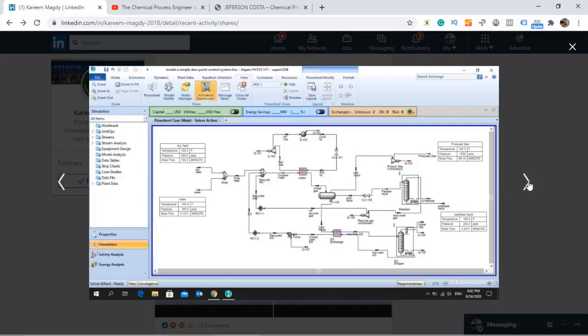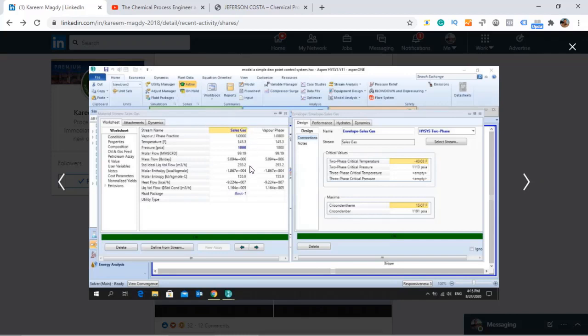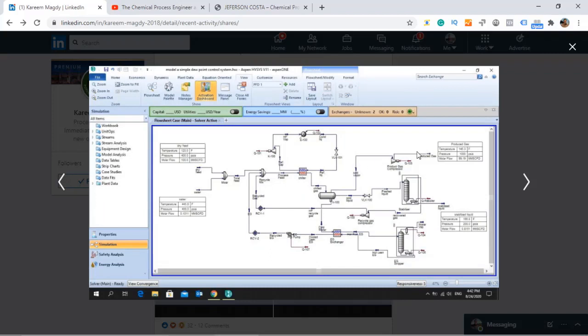He shared some other pictures, so we have some pictures of the sales gas at the discharge of the compressor, although it is named with another designation.